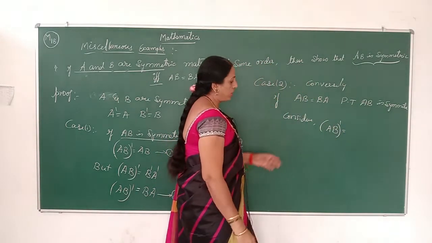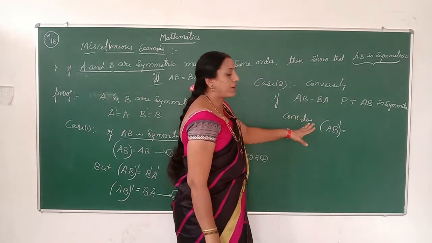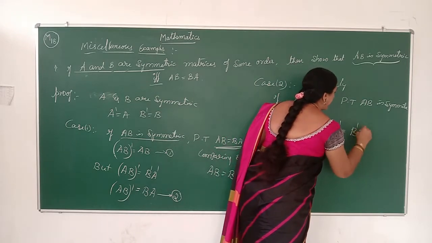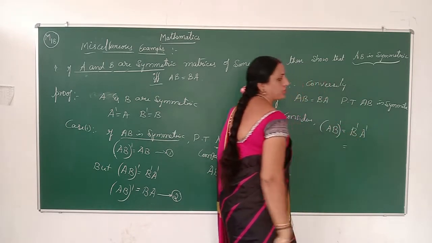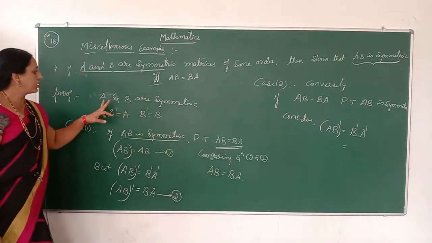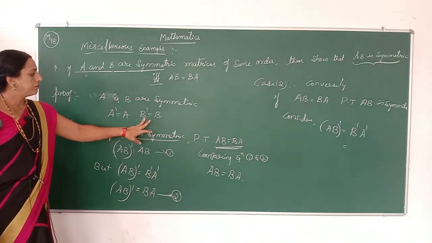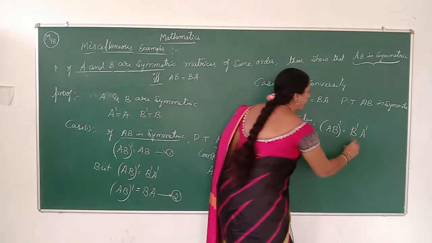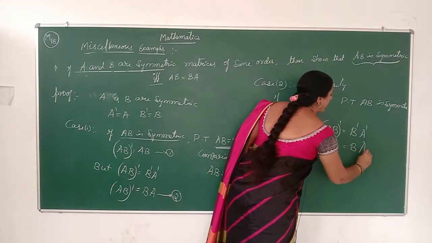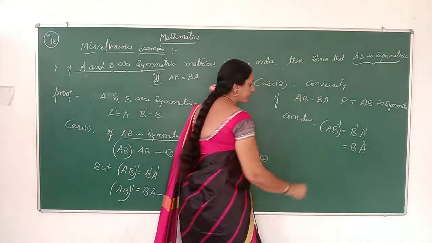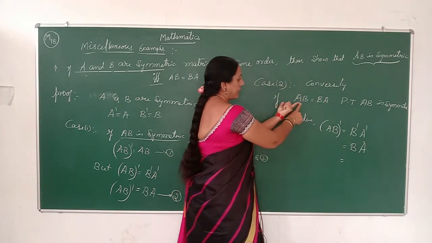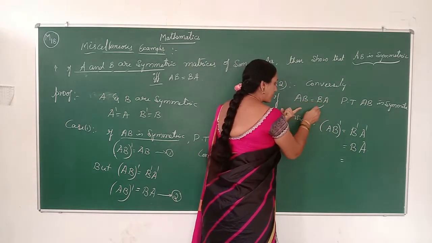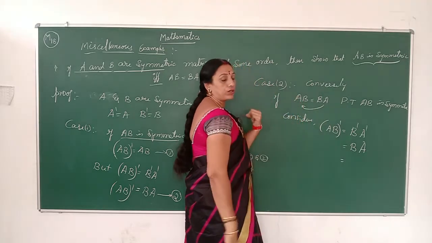(AB) dash. According to the theorem of transpose of a matrix, (AB) dash is nothing but B dash into A dash. But by using the condition that A and B are symmetric, B dash is nothing but B and A dash is nothing but A. Therefore, B dash can be written as B and A dash can be written as A. But it's another condition: if AB is equal to BA, it can also be written as BA is equal to AB.